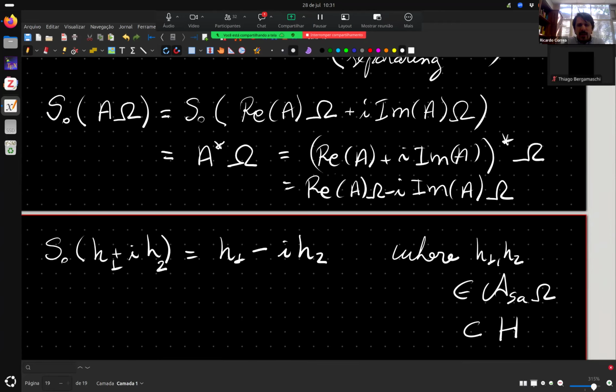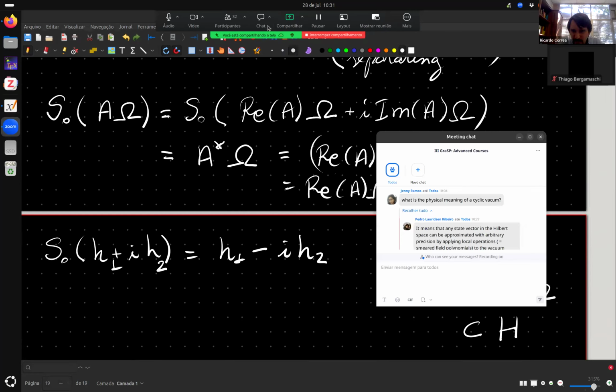So it very much looks like complex conjugation. You get something of the form real plus I imaginary, and you get real minus I imaginary. So that's not too complicated.